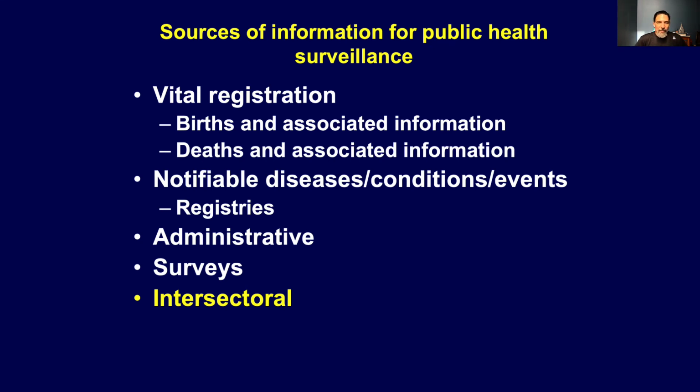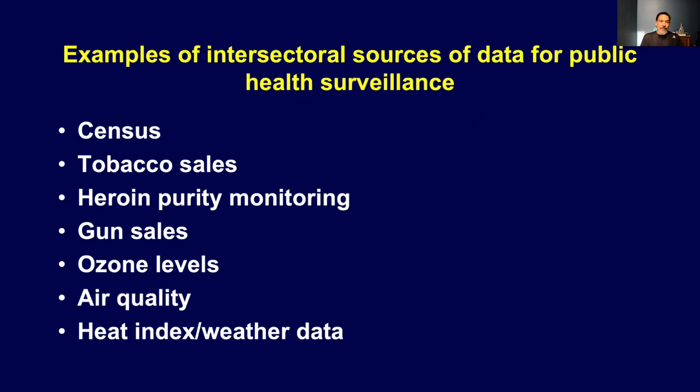Lastly, there are some data sources outside of the healthcare system, outside of the healthcare sector, that can be useful for public health surveillance. And so what are some examples of these? Census data, that's something we use all the time in public health. It's not collected for the purposes of public health.